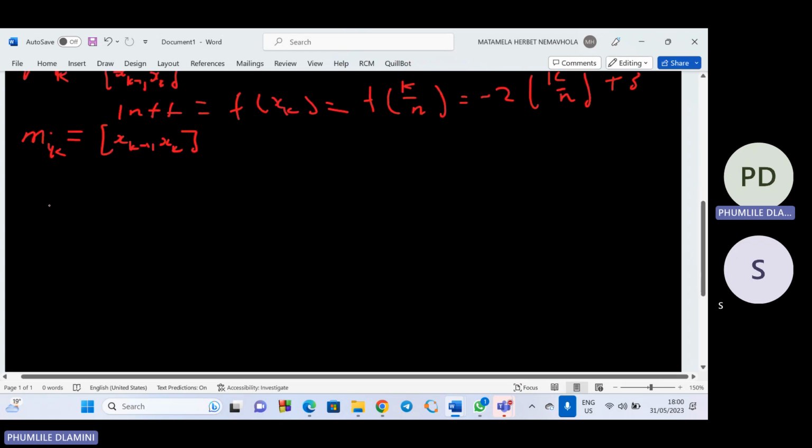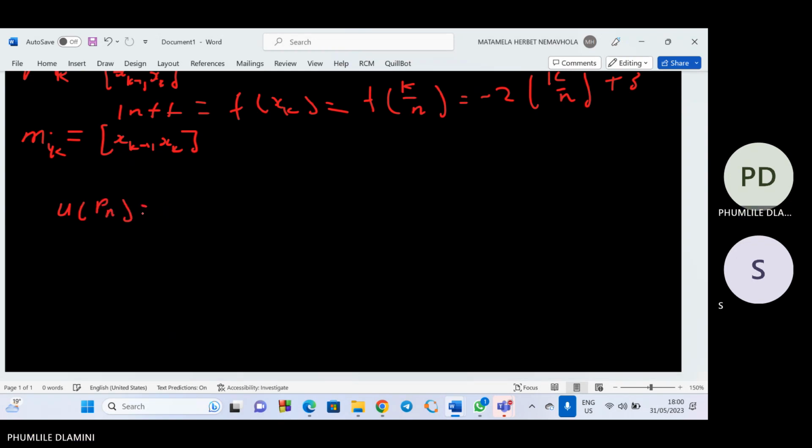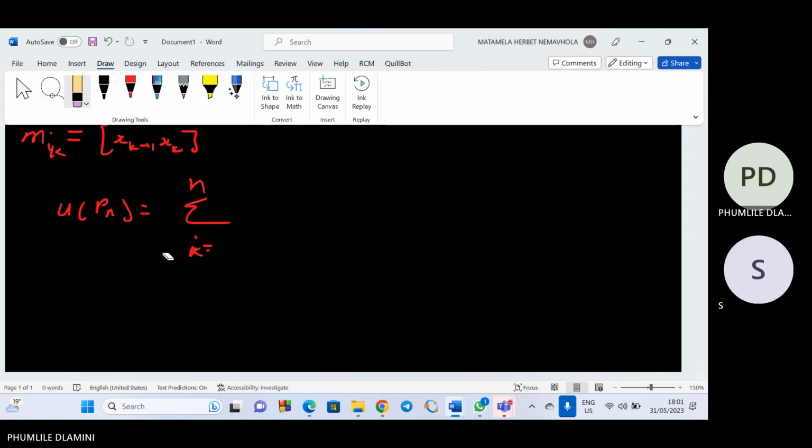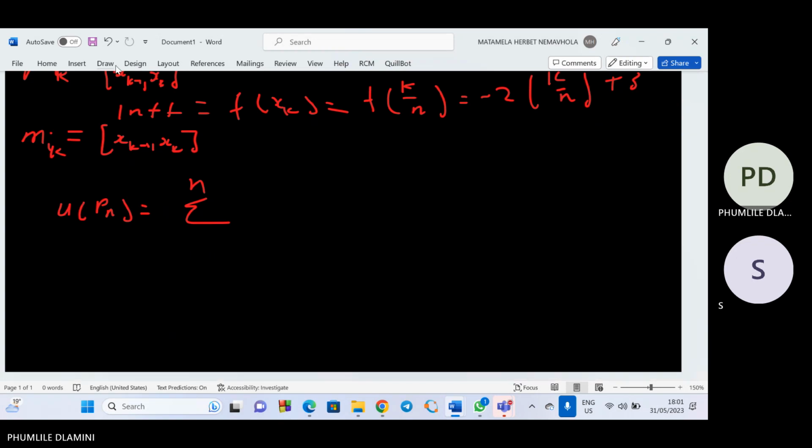Now to calculate our U of P_n, we know that it is going to be the sum, the way we have been doing it, of k, or I'm used to i, of k equals 1 to n, of 1 over n, which is the width of one subdivision. And then we write our function, which is minus 2 in brackets k minus 1 over n plus 3.